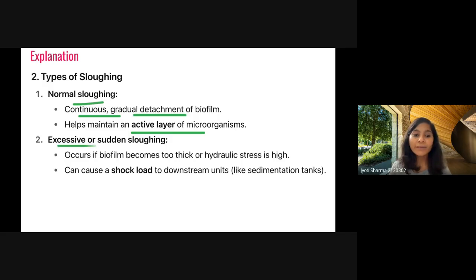But whenever we have excess or sudden sloughing, which may occur when the biofilm becomes too thick or hydraulic stress is very high, it can cause a shock load to the downstream unit. So sloughing is a problem that we have in the trickling filter, and that's why it isn't the first most popular wastewater treatment process, but the second most.